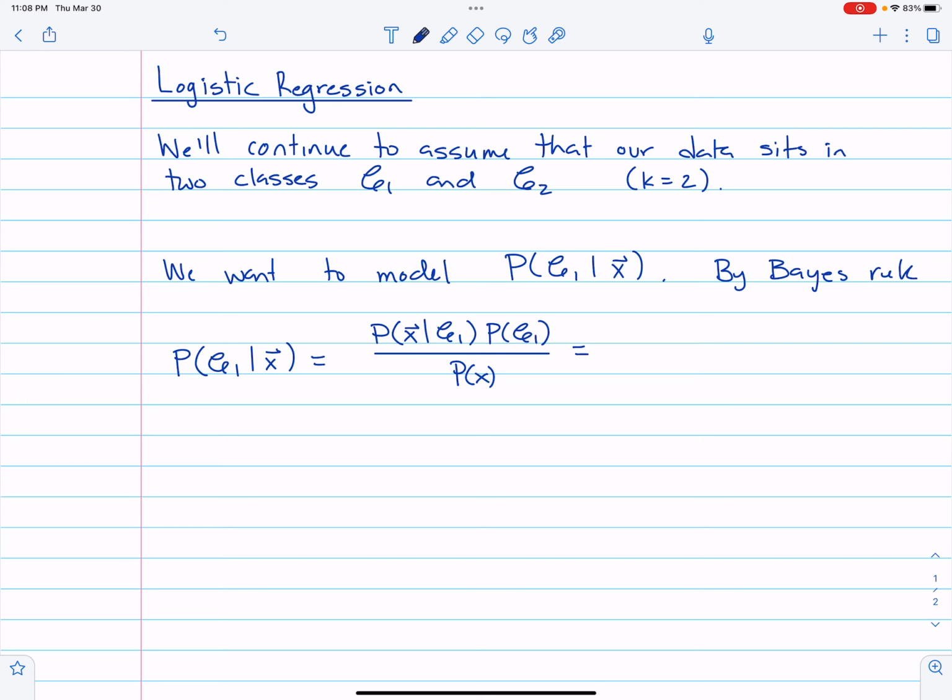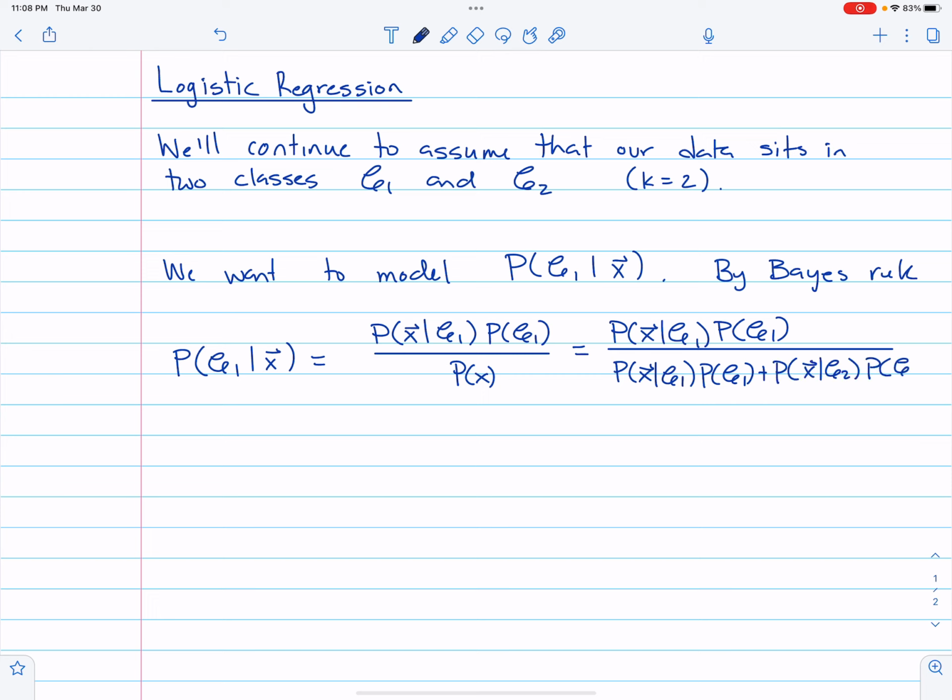Instead, what we're going to do is expand the denominator out. So up in the numerator, we still have the following. And in the denominator, we can split this up as the following. Okay? And now what we'll do is take both the numerator and the denominator, and divide both of them by what's in the numerator.